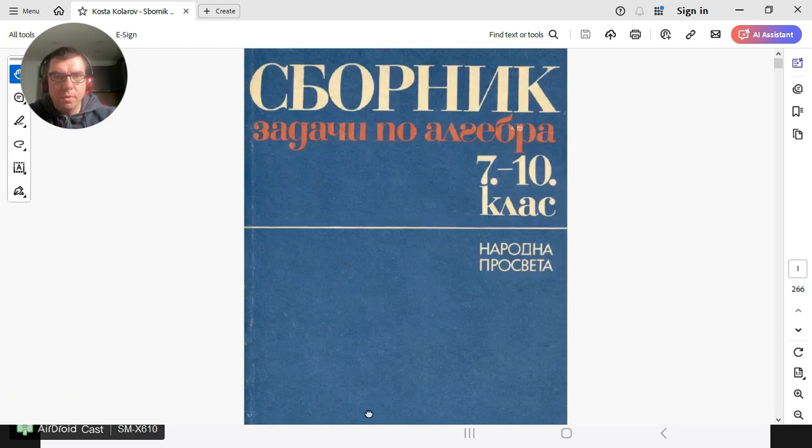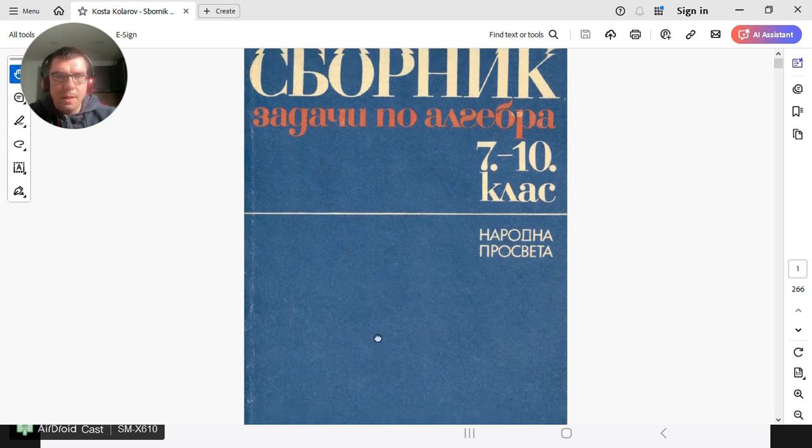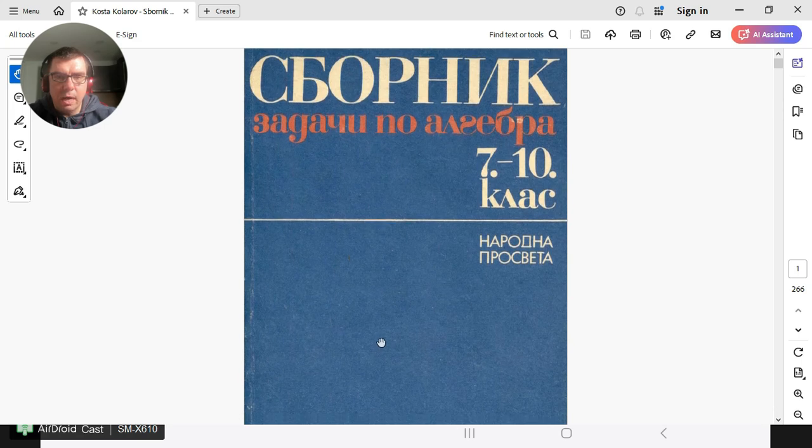I'll tell you what the problem is asking us to do. It will be just either calculate the expression or simplify the expression, but in my view this is really one of the best, if not the best, collection of problems from high school and pre-high school algebra.